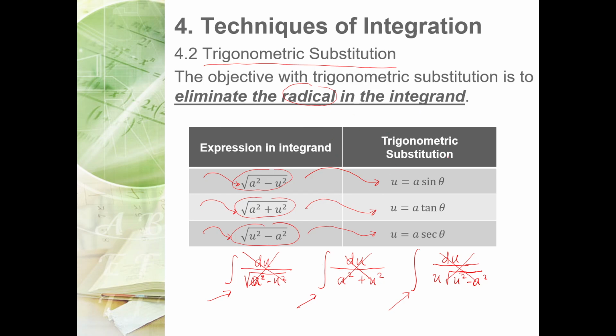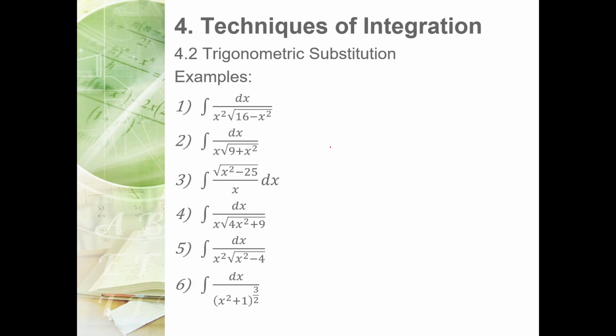For you to be able to understand what I'm talking about, like when the inverse trigo function can't be achieved, you have to observe the expressions in the given equation before utilizing the trigonometric substitution.